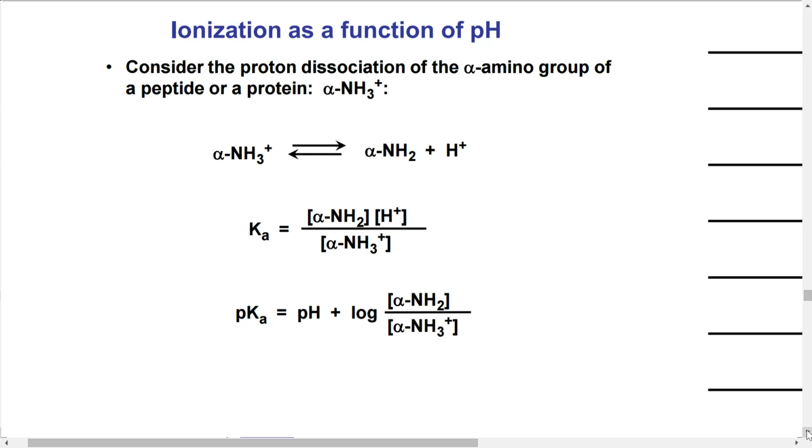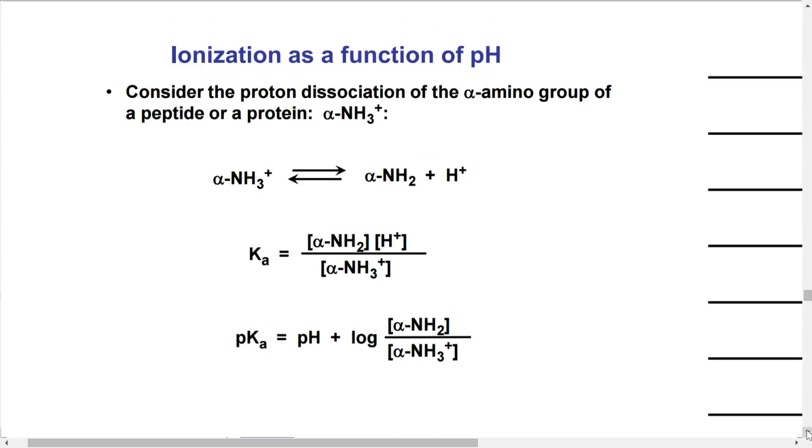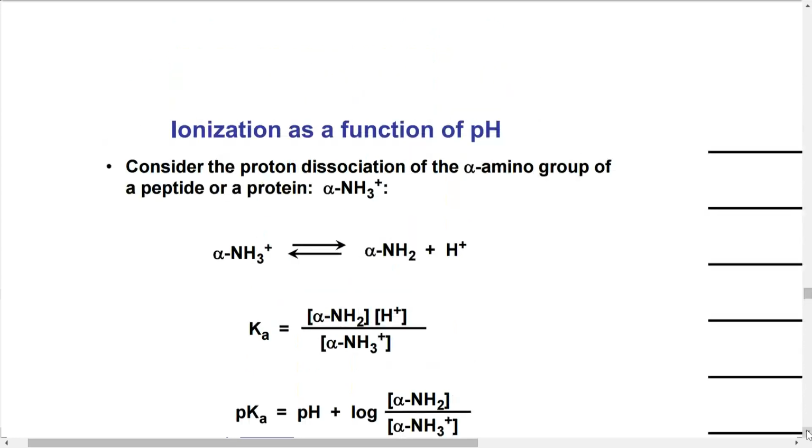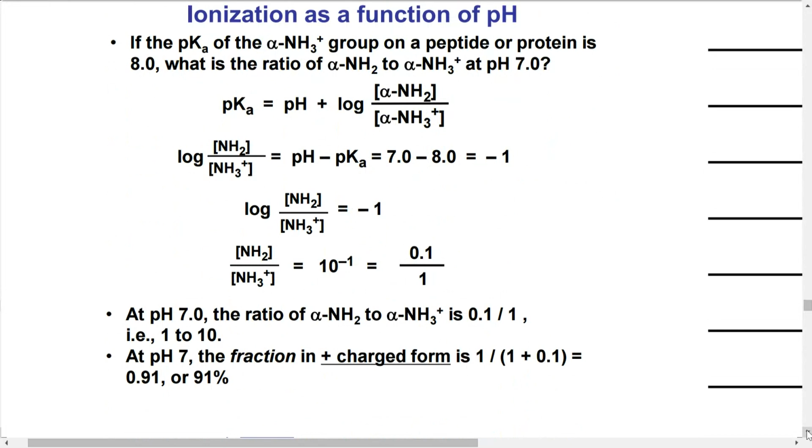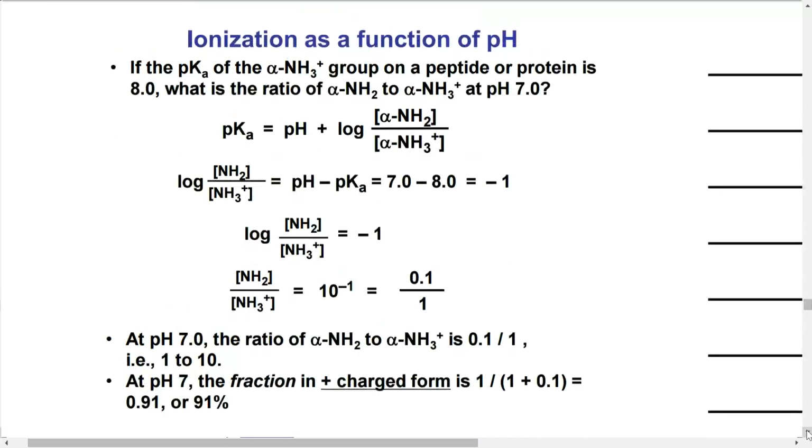So now I get the log is -1, which means the ratio is 0.1. If I ask you again for the percentage, it's 1 over 1 plus 10, which is about 9%. So just be careful of what we're asking you. In the ratio, it can be a percentage.